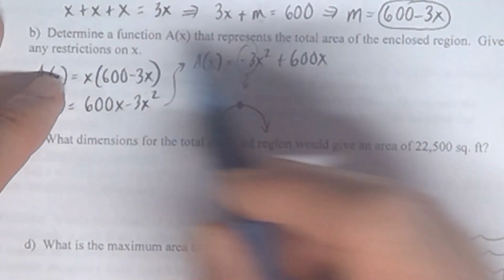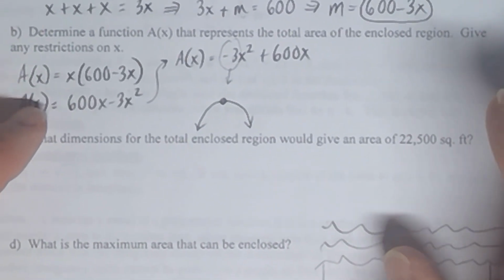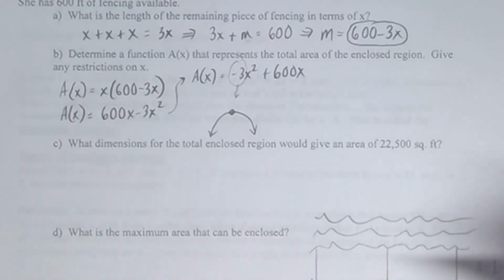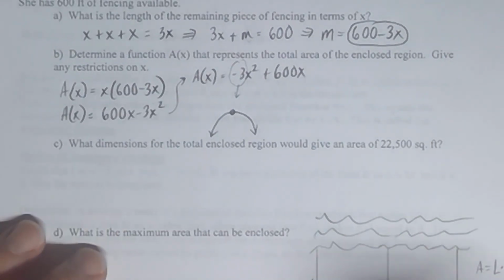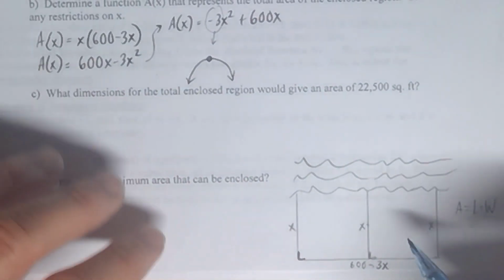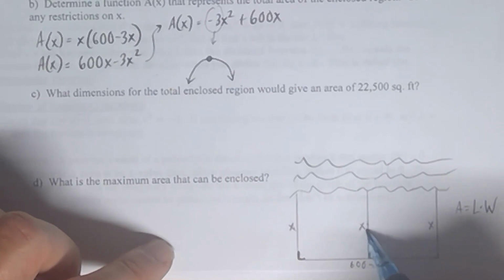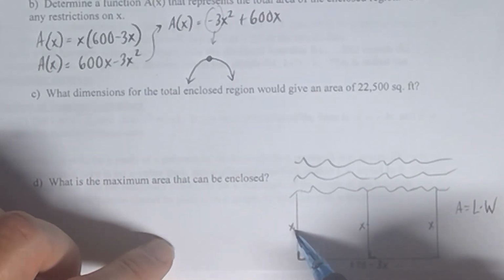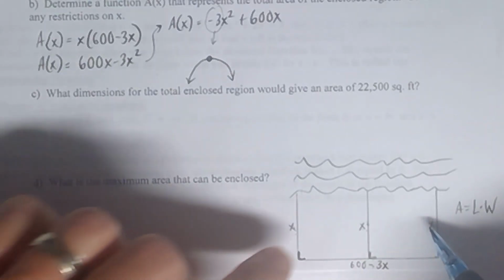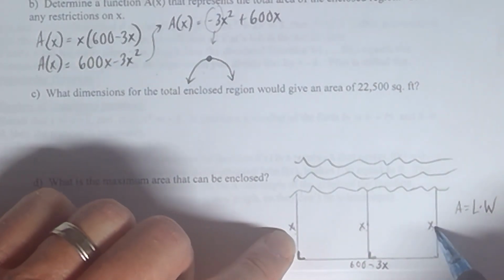It says, what are the restrictions on x? And that's important here because we don't want to end up dealing with x values that don't make any sense. Here's what I mean by this. We have a total fencing of 600, right? Looking down here at this picture, we have a total fencing of 600. Isn't it true that x could never be bigger than 200? In fact, it couldn't even be 200. Because if you had 200 here, you'd then have to have 200 here and 200 here. 200 plus 200 plus 200 is 600.